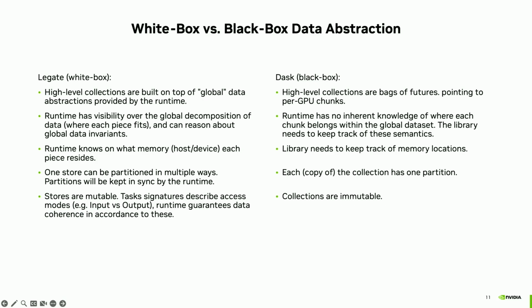The runtime has no inherent knowledge of where each chunk will fit. It's up to you, as you build up your array container or whatever, to keep track of which piece in that set of futures corresponds to what piece of the overall collection, and to make sure that you know where it was last used.